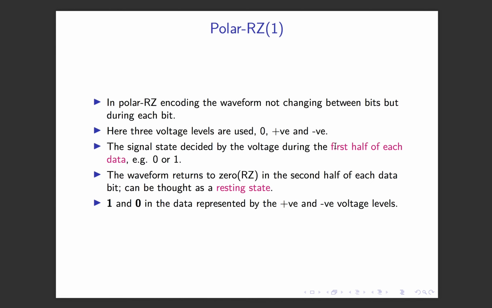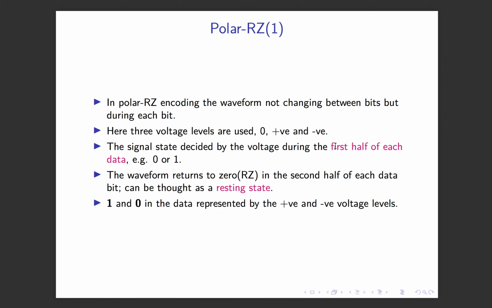So now we come to the point where we will discuss the Polar-RZ scheme. In Polar-RZ, the waveform does not stay unchanged between the bits; during each bit, the waveform comes down to 0, as we know for the return-to-zero scheme. As in the previous polar schemes we have discussed, there are 3 voltages: 0, positive and negative.